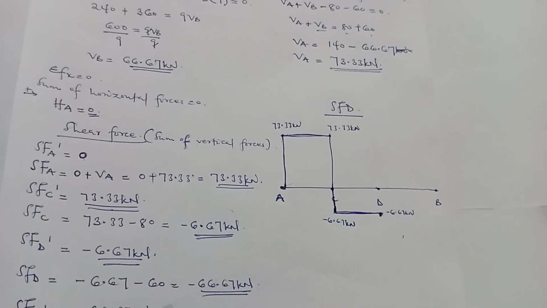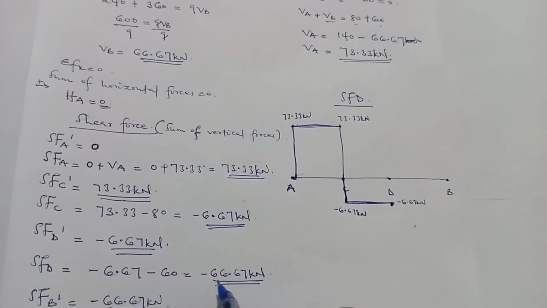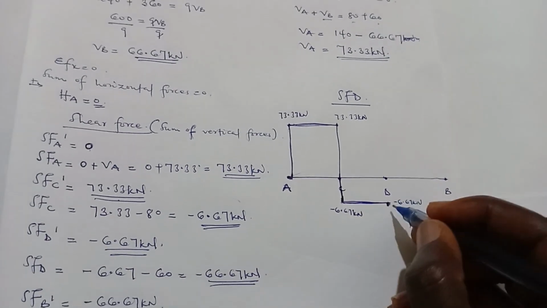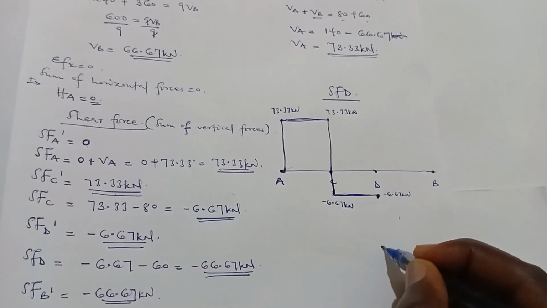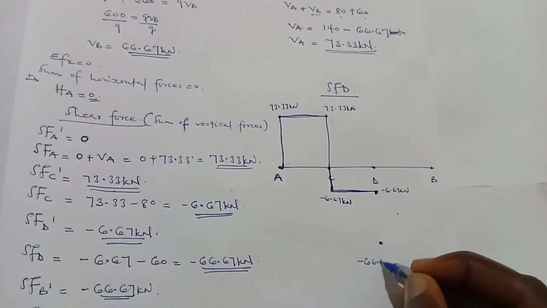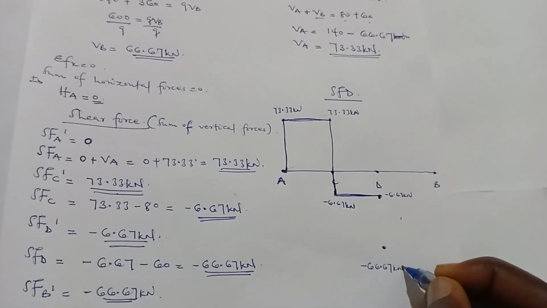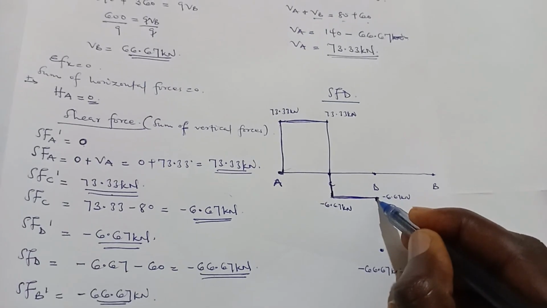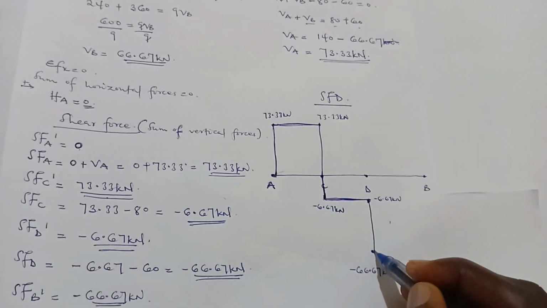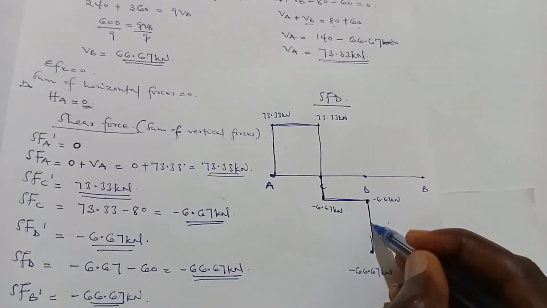Then shear force at D is negative 66.67, and still at D, negative 66.67 kilonewton. So I'll have to move down to this point.